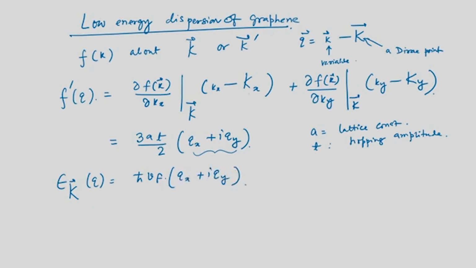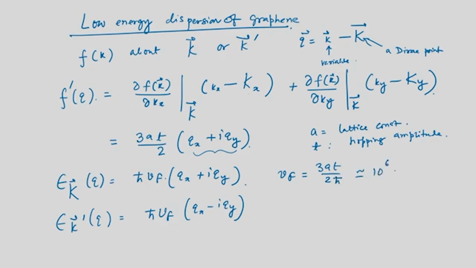Now, if you repeat this for the other point, K prime, at q, this will give ħ v F times (q x minus i q y), where v F is nothing but 3at divided by 2ħ, and this has a value of about 10 to the power 6 meters per second, as opposed to 10 to the power 8 meters per second for light.